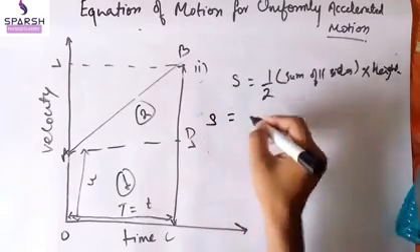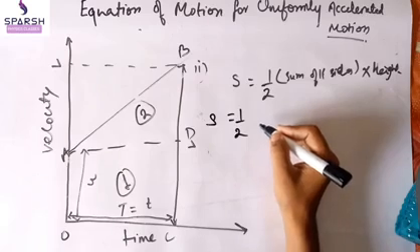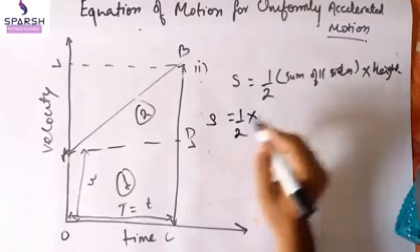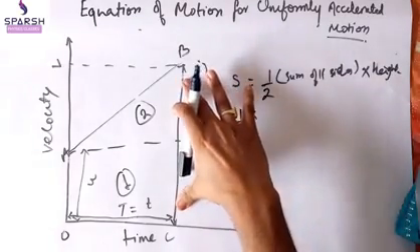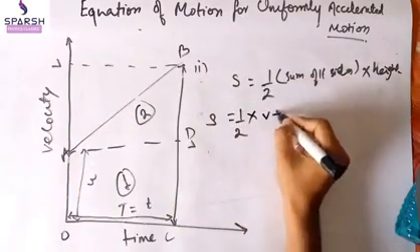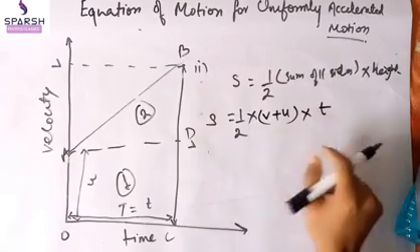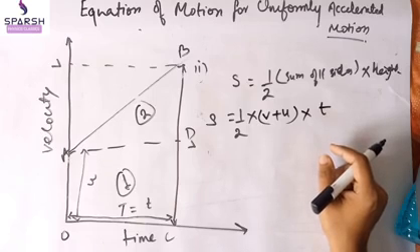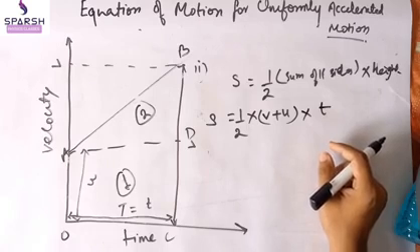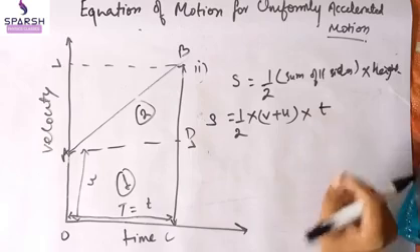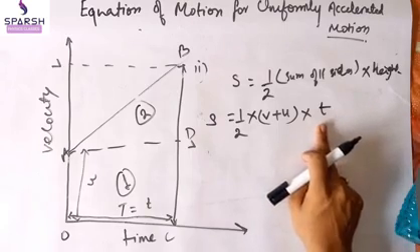So s is equal to half into, BC is v, and OA is u. So v plus u into height, which is t. Now we have to express this equation in terms of velocity, initial velocity, acceleration and displacement, so we have to replace the value of t.